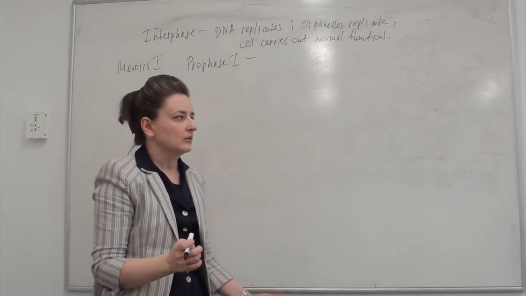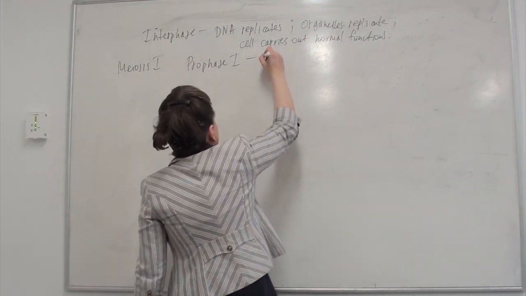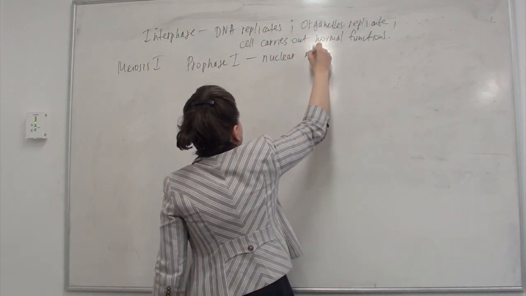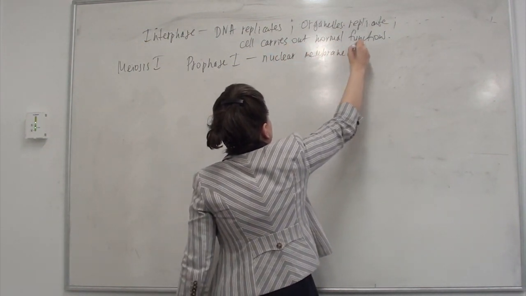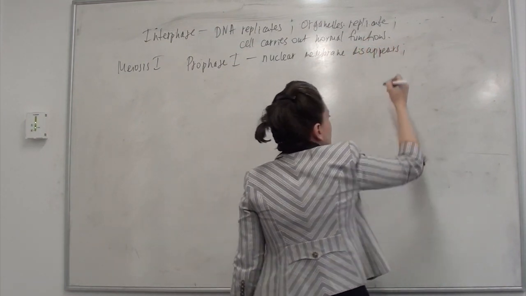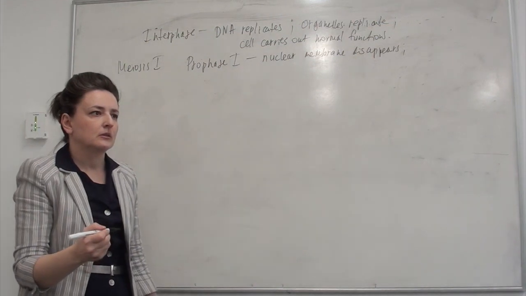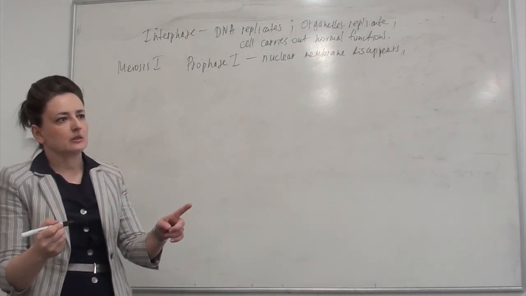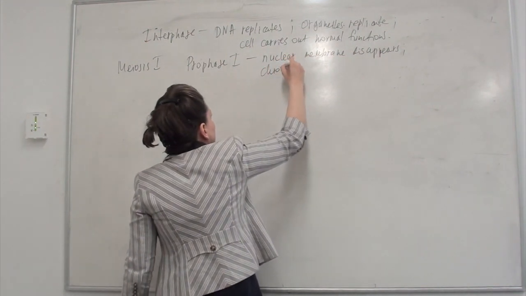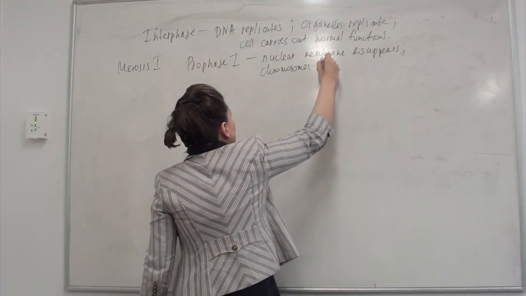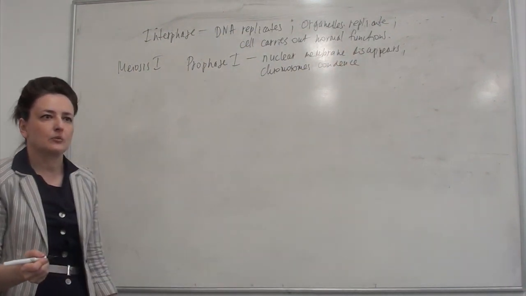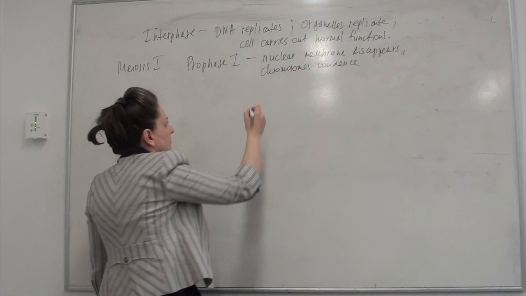The nuclear membrane disintegrates, so let's note that: nuclear membrane disappears. What else? Chromosomes condense, good. And one more: the spindle starts to form.